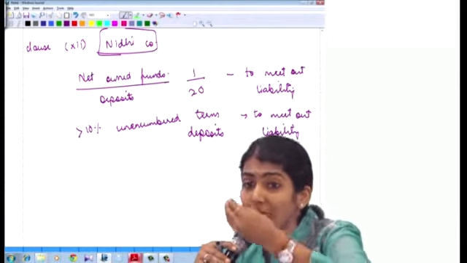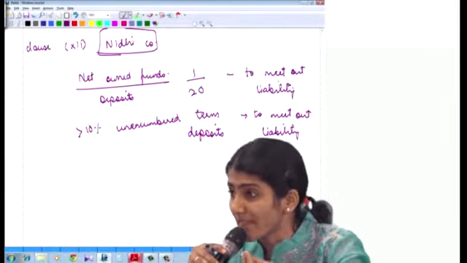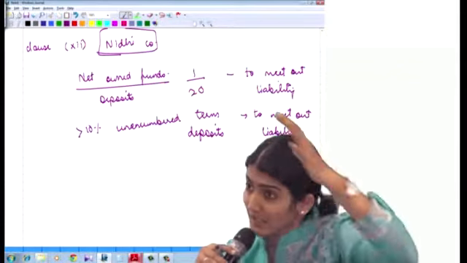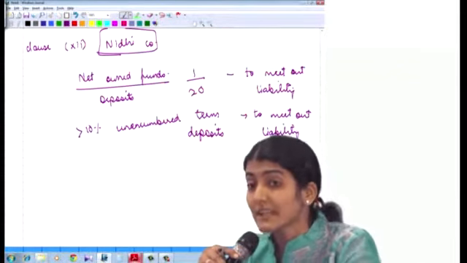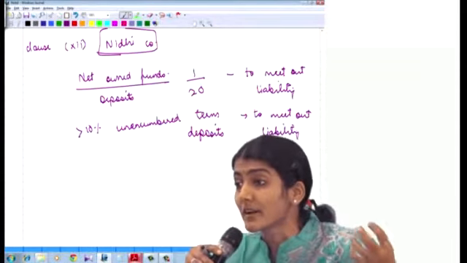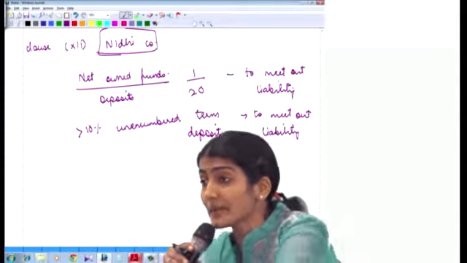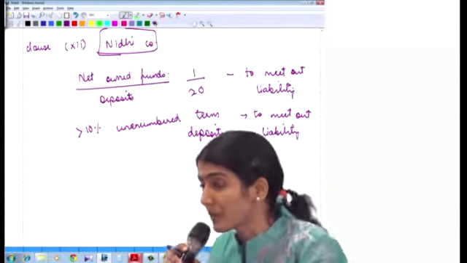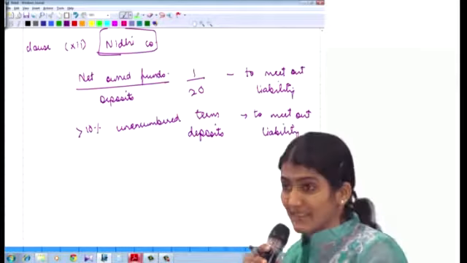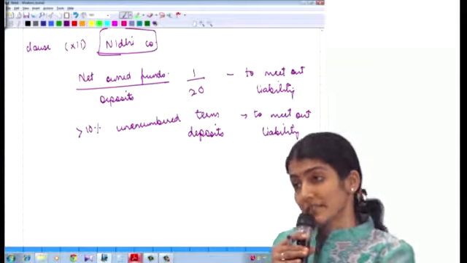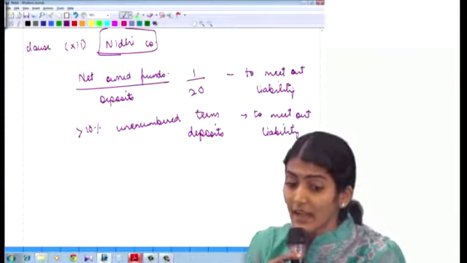And out of the investments, obviously all the deposits that they accept, they are going to invest. So it says out of their total investment portfolio, at least 10% to be invested in unencumbered term deposits. Unencumbered means free of any charges, against which no loan has been taken, and which has not been offered as security against anything. So 1:20 and 10% to meet out the liability.